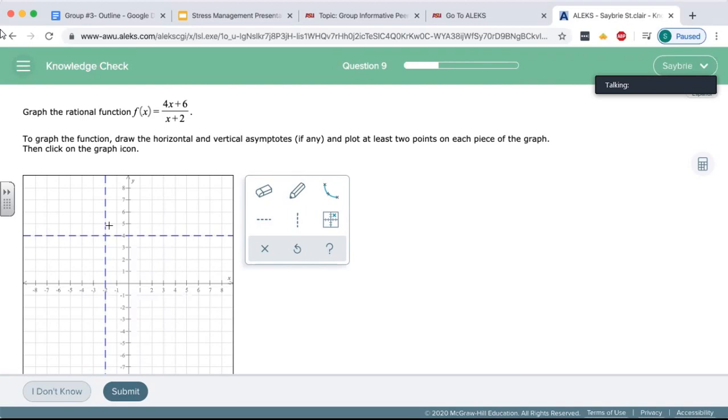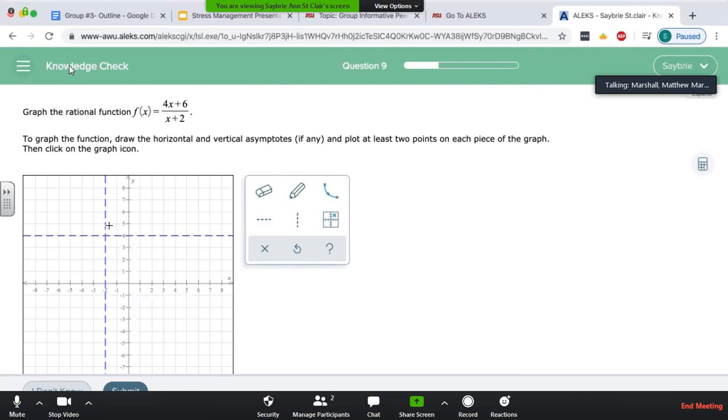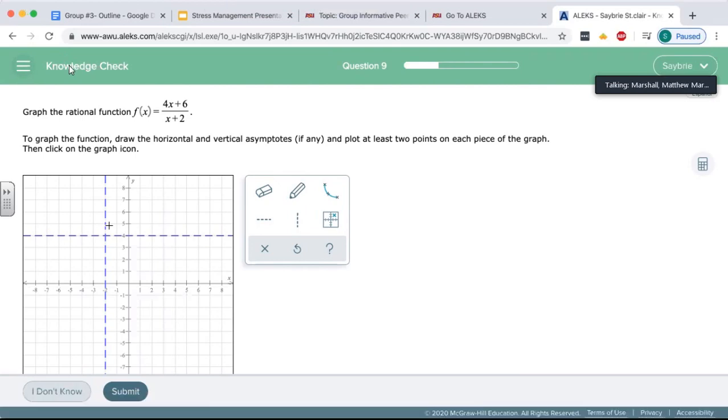What is that coordinate? Let's see, trying to look down here. It looks to me like -12. Wait, what is that number?